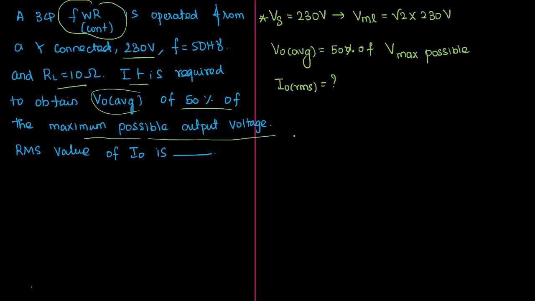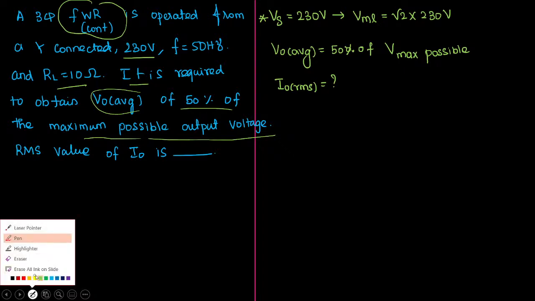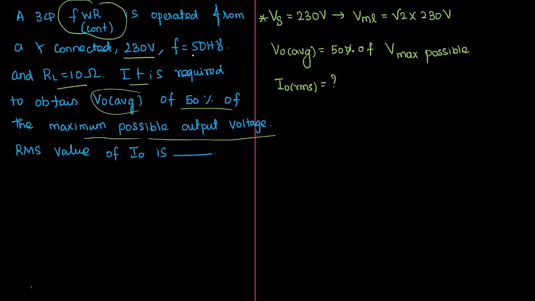Under this situation, how will you write down the expression for V0 given this resistive load? We all know that the V0 average formula, since the firing angle alpha is not known, can be written as 3 times the maximum line voltage, 3 VML by pi, into cosine of alpha.